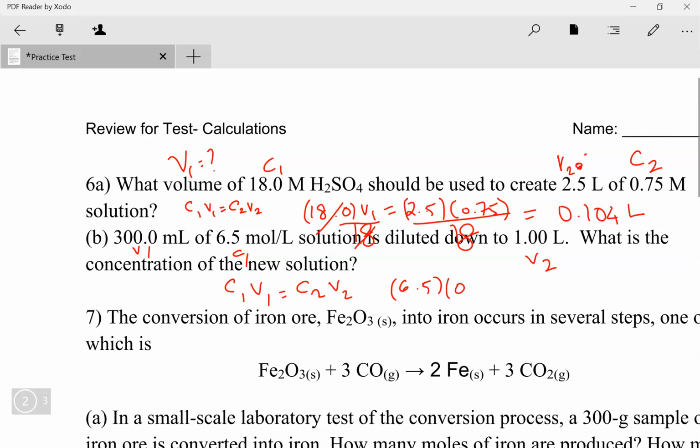You can leave that in milliliters, but converting to liters is better. And again, this is 1 liter, this is V2, times C2, which is what I have to find. So dividing by 1 doesn't really change the answer. So my C2 is just 6.5 times 0.3, which is 1.95 moles per liter, my new concentration.